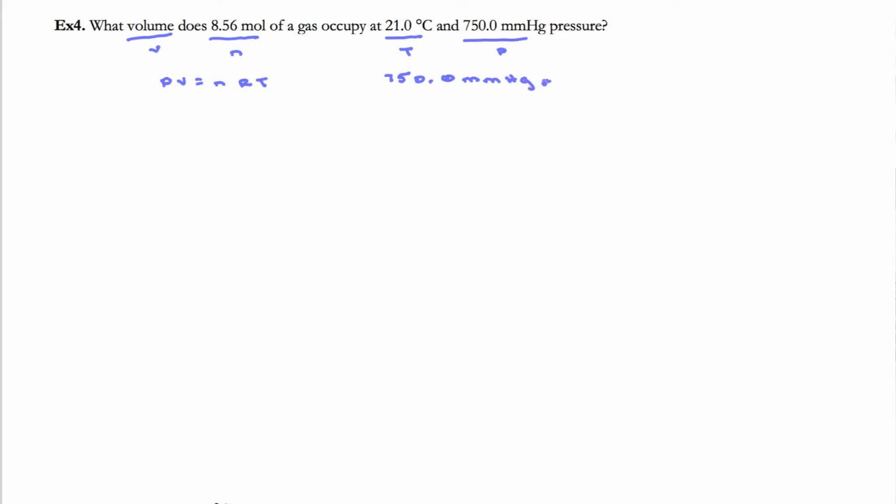I'm going to get out of millimeters of mercury and into atmospheres. Okay, I know that 1 atmosphere is 760 millimeters of mercury. So I'm going to take 750 divided by 760, and I get 0.9868.